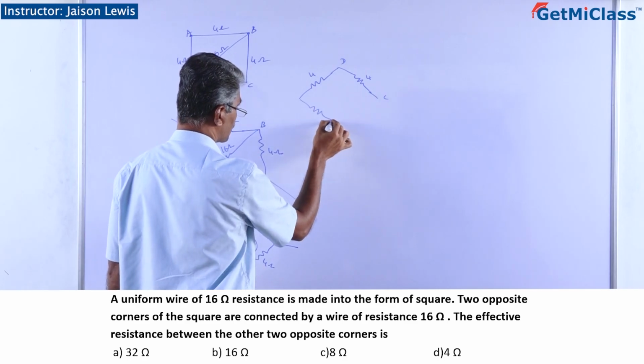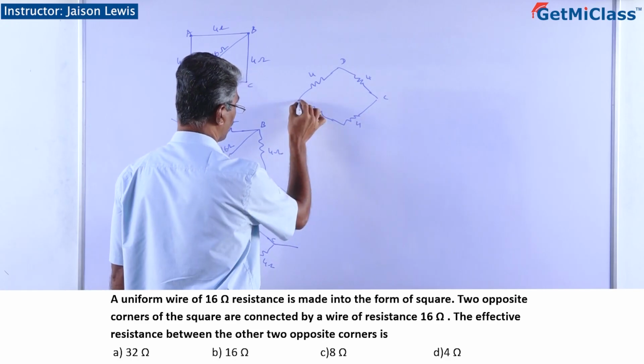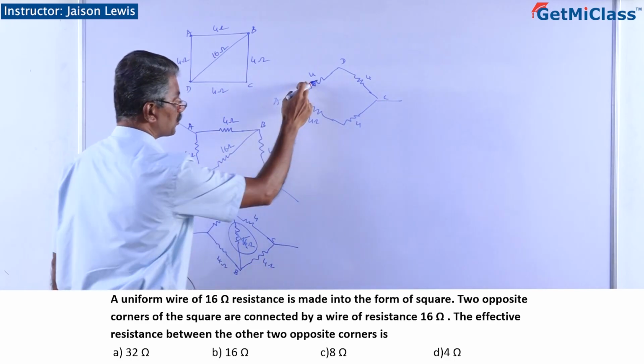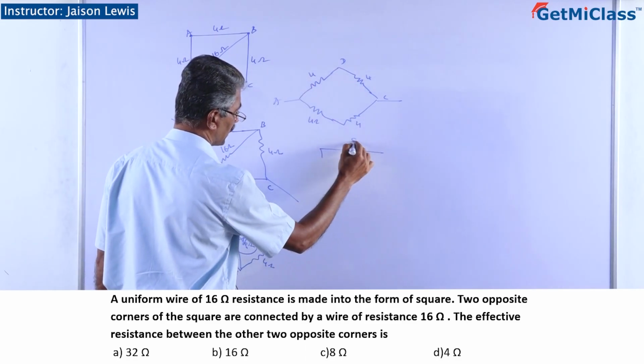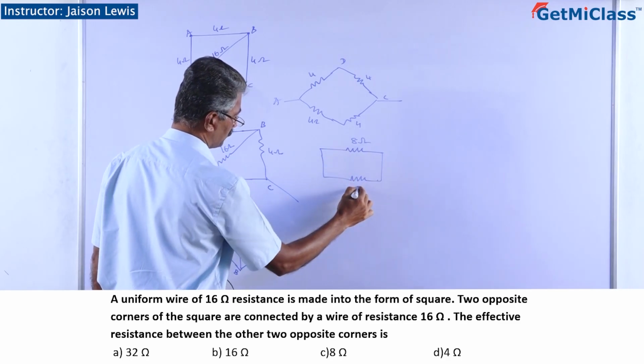Below, once again the same structure, 4 ohm and once again 4 ohm. We got points A as well as C. Now these two are in series, therefore the effective is 4 plus 4, which is 8 ohm. Below we have 4 plus 4, that is 8 ohm.